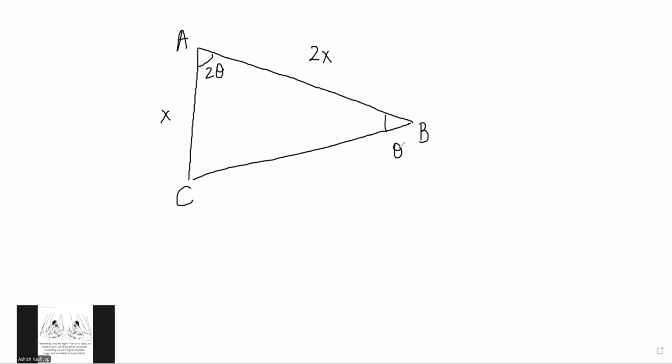Then they are saying AL is the angle bisector of angle A, and M is the midpoint of AB. You have CL is equal to ML. Prove that angle B is 30.